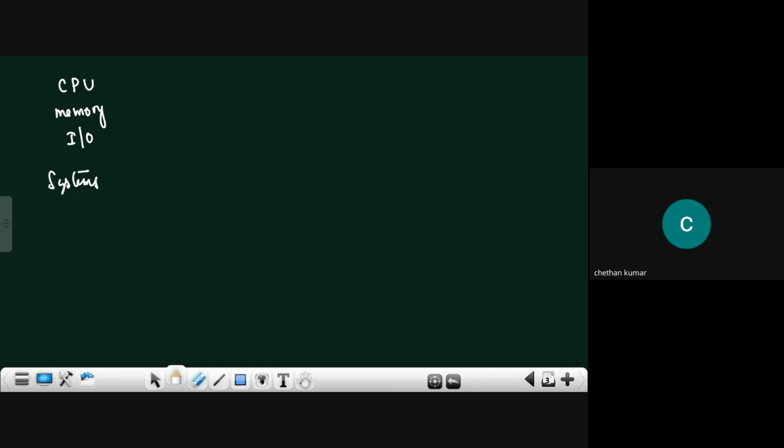How do we build a CPU, the central processing unit?